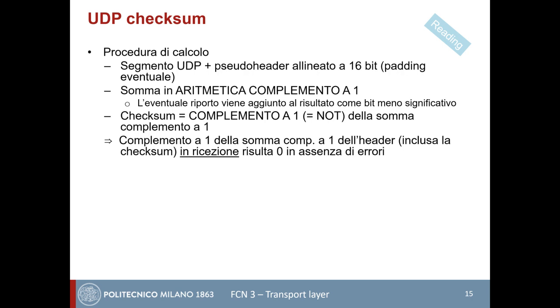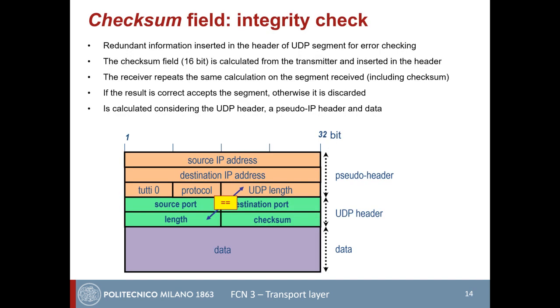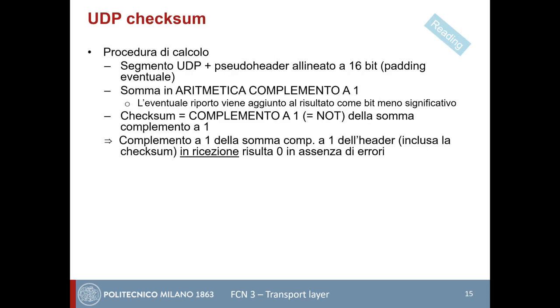Remember that this method of checksum calculation and error check is optional in UDP, but it is compulsory in TCP, and TCP applies exactly the same operation, using the pseudo header. Just go through quickly.